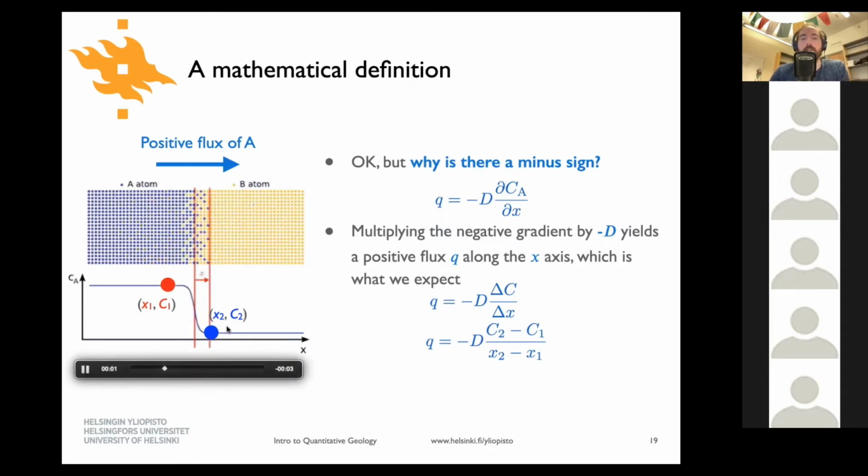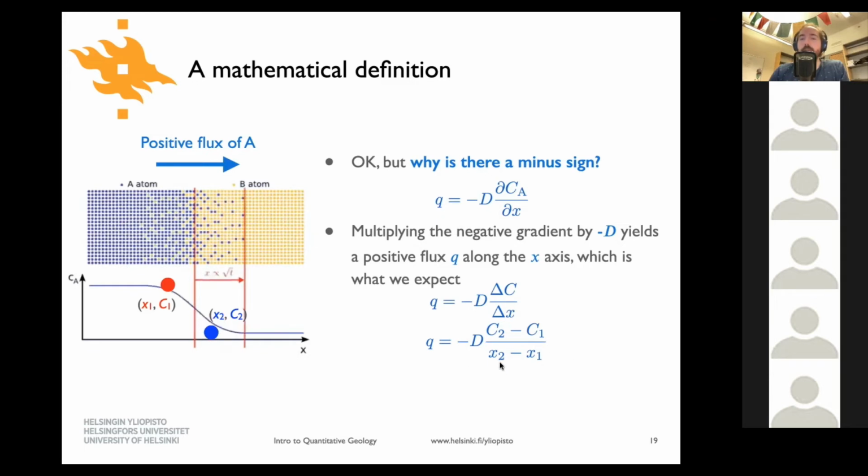Here, if we look at it, C2 is something like 0, minus C1 is a number that's positive, so this is going to be a negative term on the top. X2 is bigger than X1, so that's going to be a positive term on the bottom. So this sort of fraction part of our equation is going to be negative.